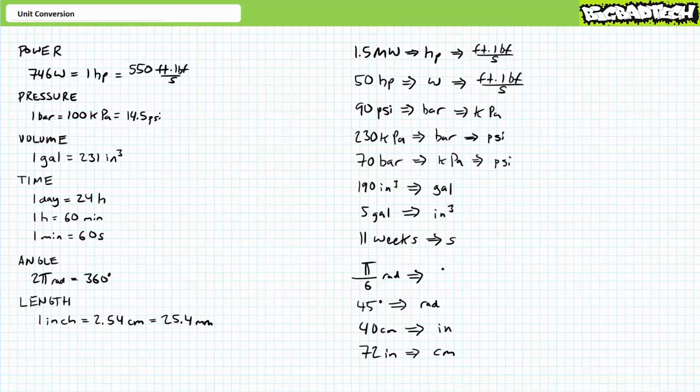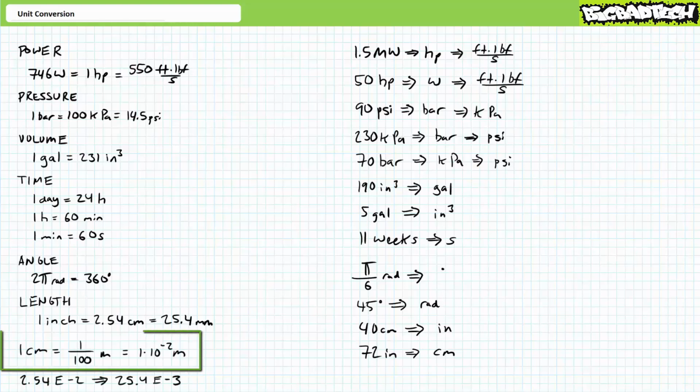A brief explanation about centimeters. Despite their popularity, centimeters aren't really official engineering units. 1 centimeter is 1/100th of a meter, or 1 times 10 to the negative 2 meters. If you use proper engineering format, 2.54 centimeters would be expressed as 25.4 millimeters, which is a proper engineering prefix.